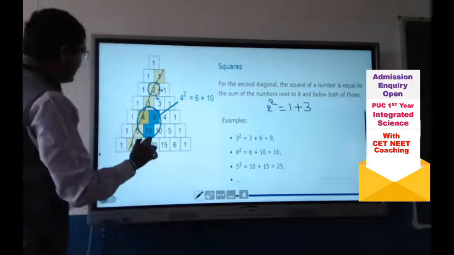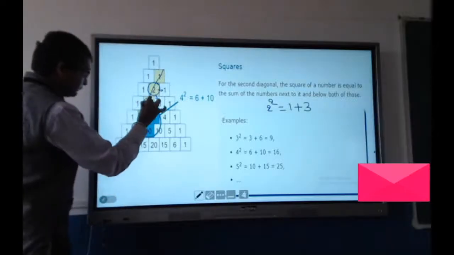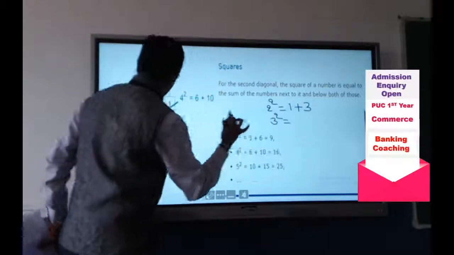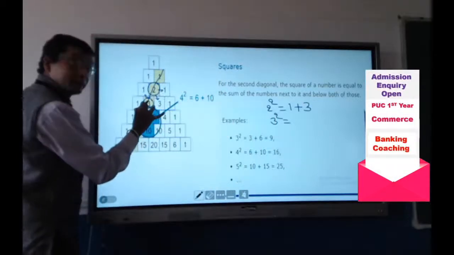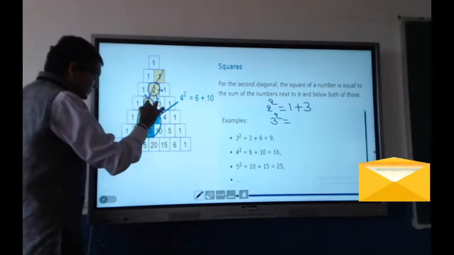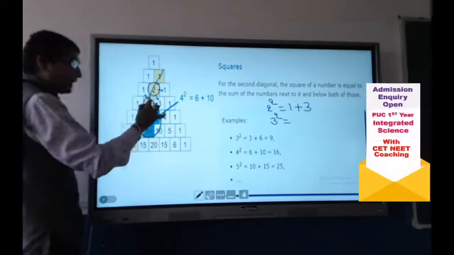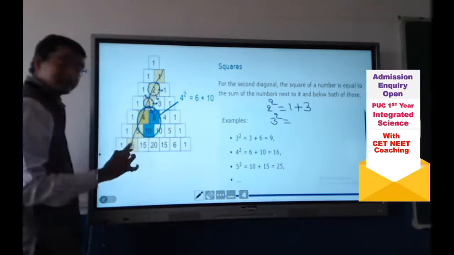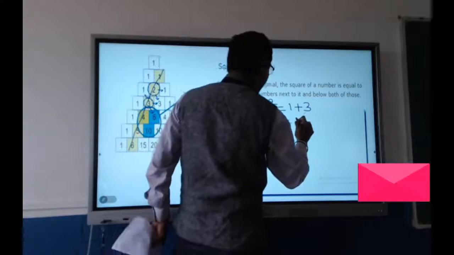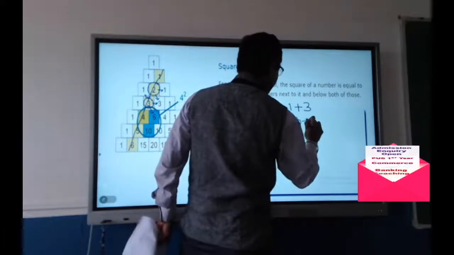Okay. Then here it is 3 square. Your side neighbor, that is a 3. Your below neighbor, that is 6. Add it, 3 plus 6, it is a 9. 3 square is 9. So you will get this formula: 3 plus 6.